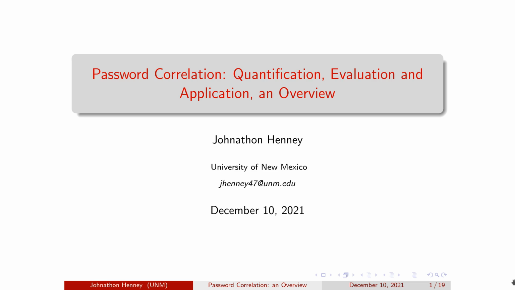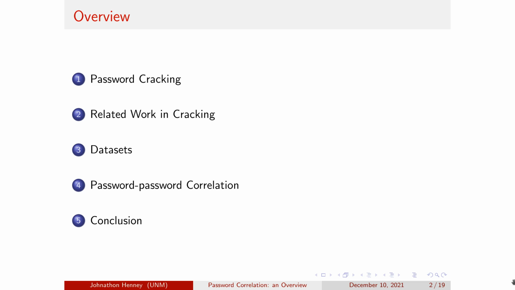My name is Jonathan Henney, and we are going to start this overview with the topics of what are passwords, what is password cracking, some of the related work that I found interesting in the research paper, the data set that the researchers used, and how they took data from that.